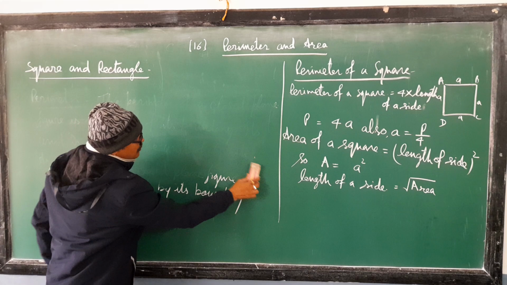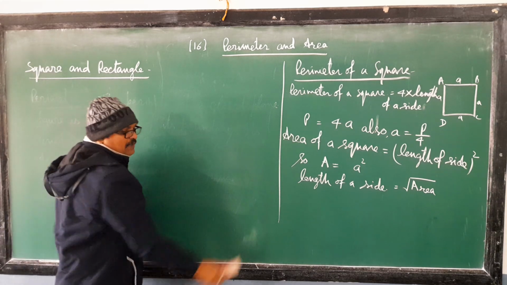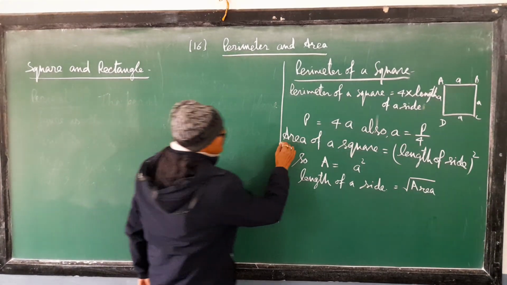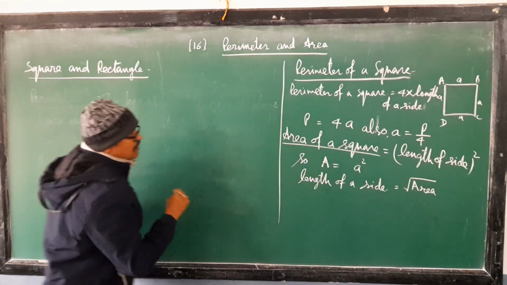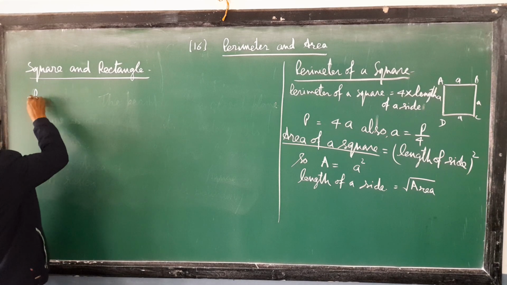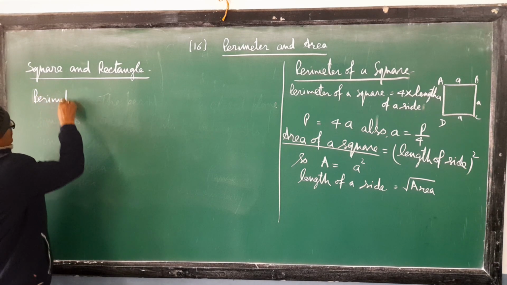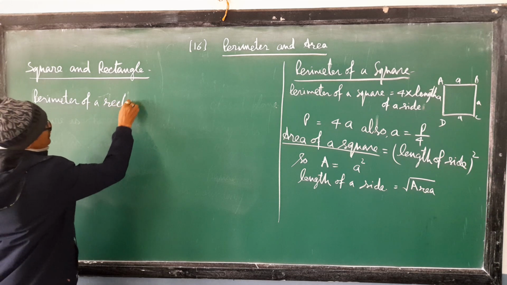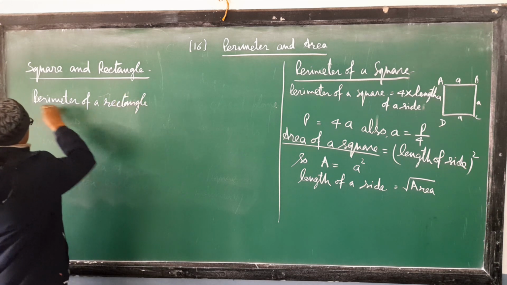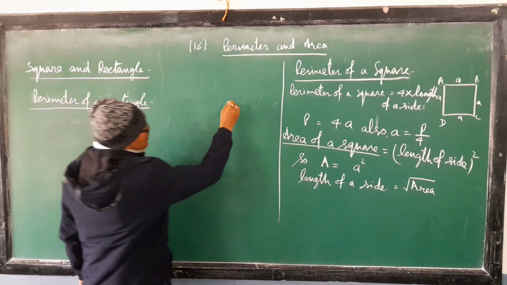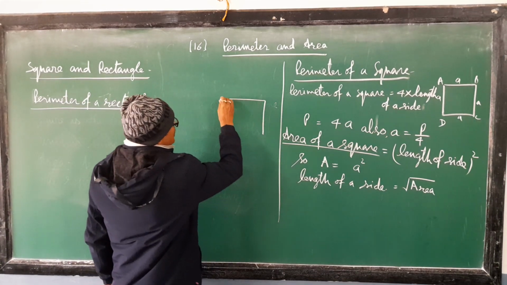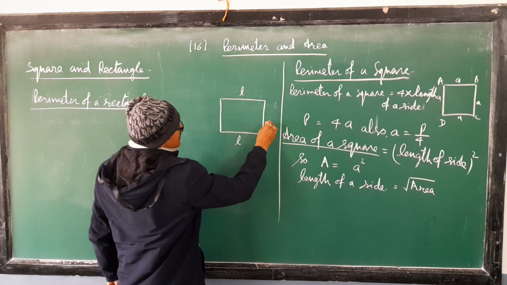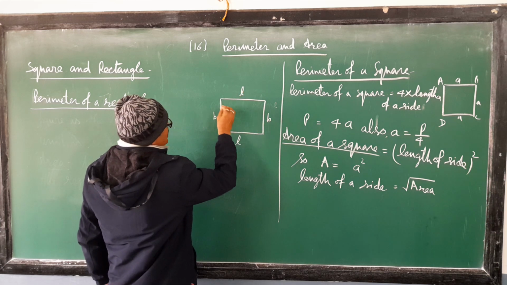Now I will tell the formula for finding perimeter and area of a rectangle. Suppose this is a rectangle ABCD whose length is l and breadth is b.